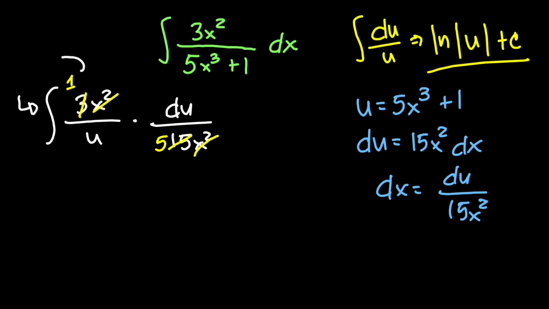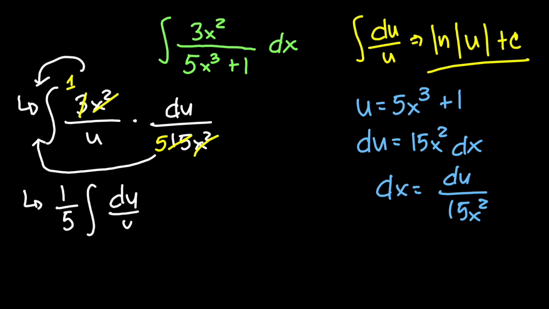And so, put the constant outside the integral. So this would be equal to 1 over 5, the integral of du over u. So this would be equal to 1 over 5, the natural log of the absolute value of u plus c.